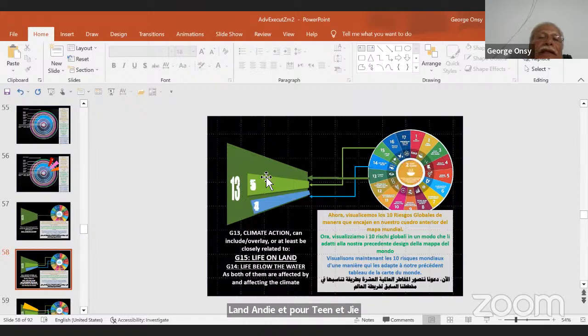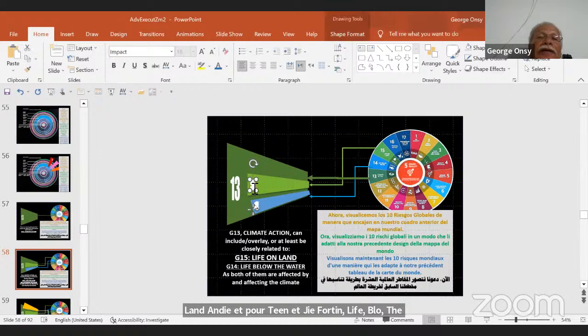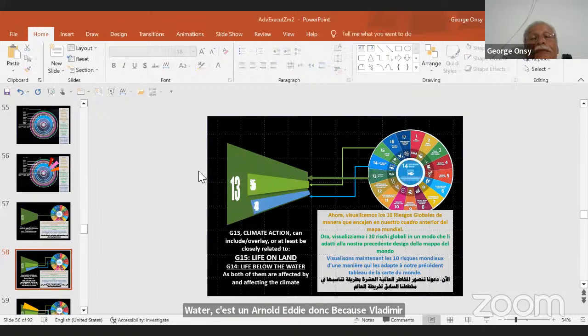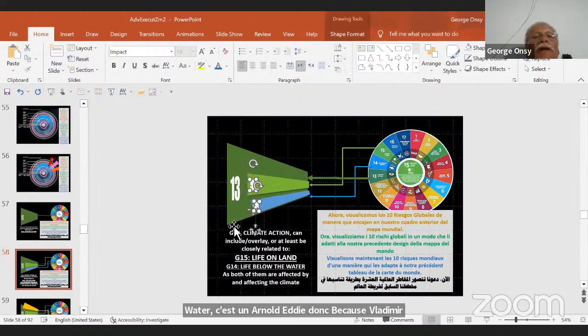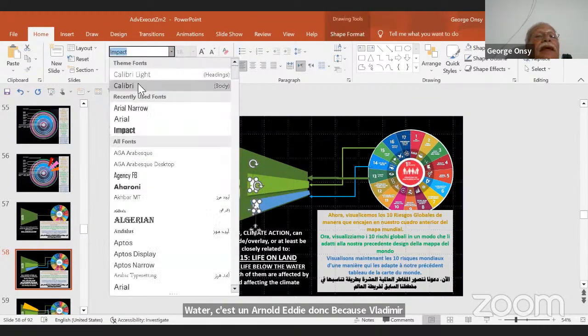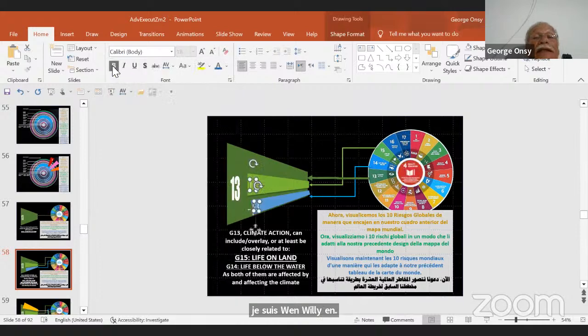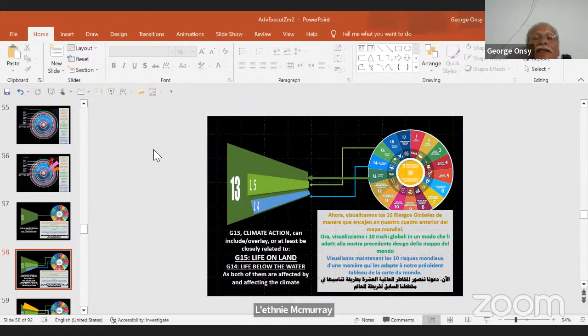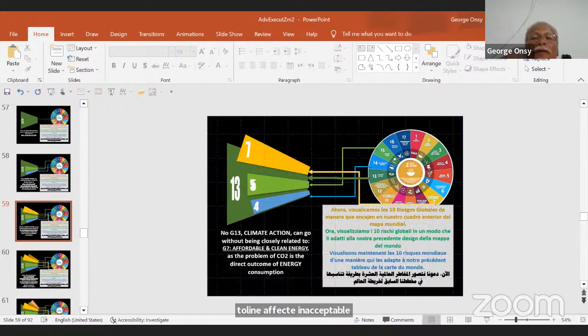Sorry, the numbers here don't look nice. Let me make them clear. Okay, 15 and 14 together with 13 can be included in number 13, because both of them are affected by and affecting the climate, so there is an inter-effect between them.